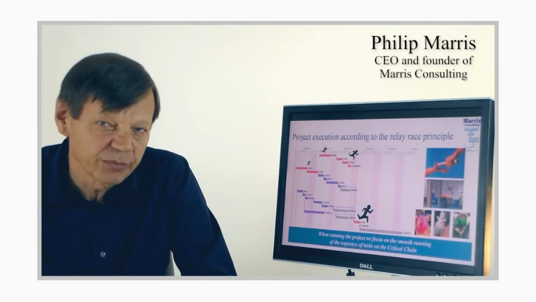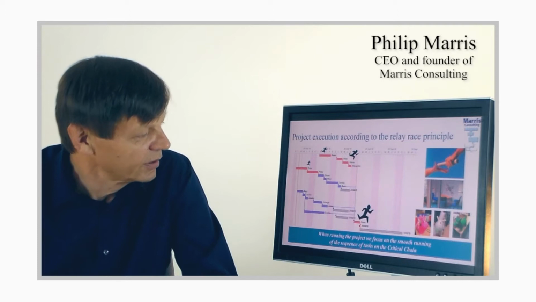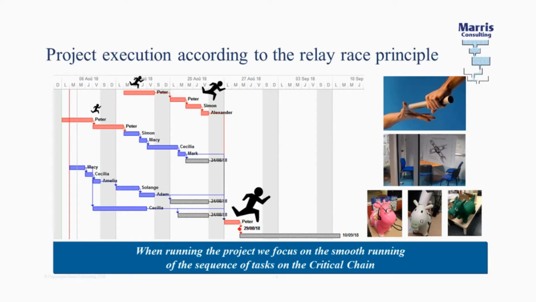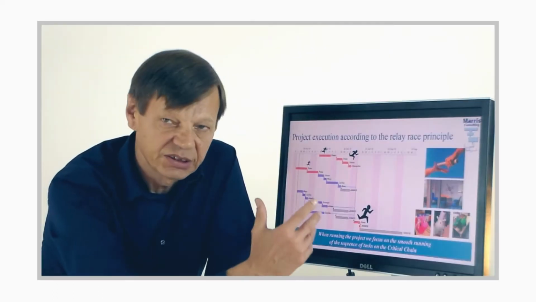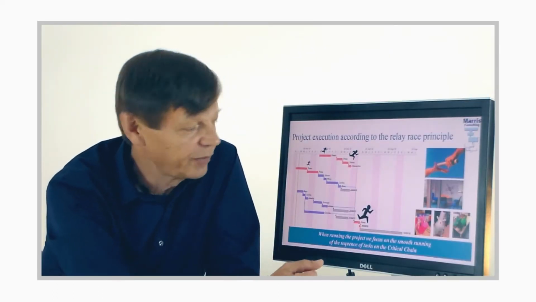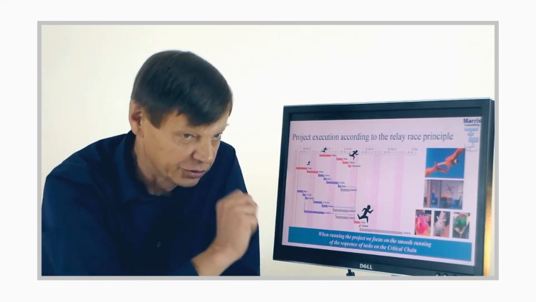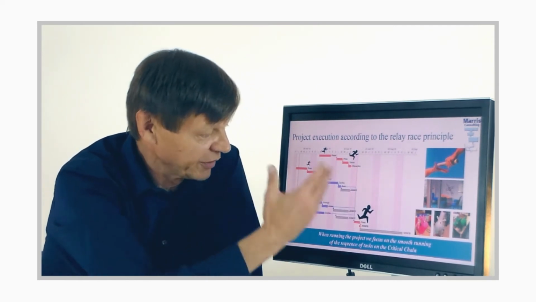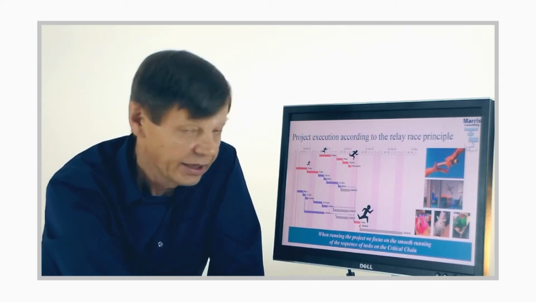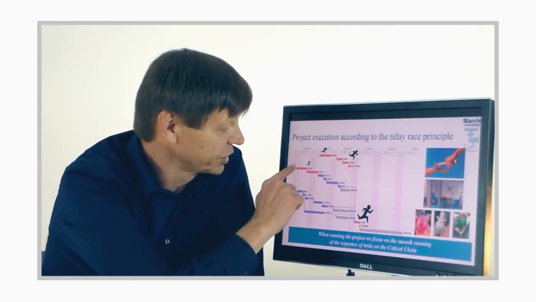So let's go back to the example we were using on a project. This is the Gantt chart that we developed in the video on planning. It's scheduled using the critical chain way, and we have a certain number of resources: Peter, Simon, Solange, Cecilia, doing various tasks. We have identified the critical chain.